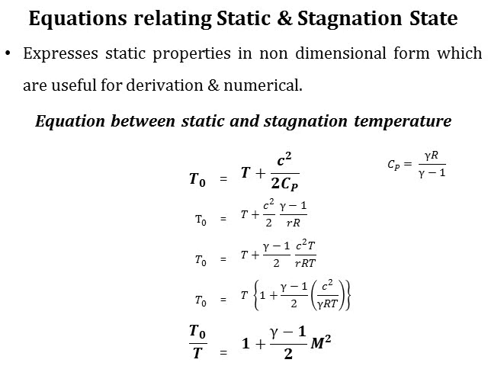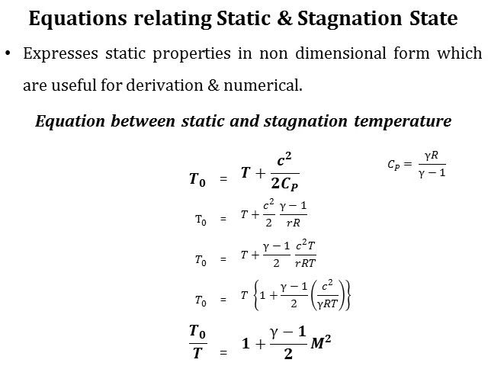Now let us obtain certain equations that relate the static state with the stagnation state. These equations will help us to express the static state in a non-dimensional form using the properties corresponding to its stagnation state. These will be useful in derivations and in solving numerical problems, as mentioned earlier.